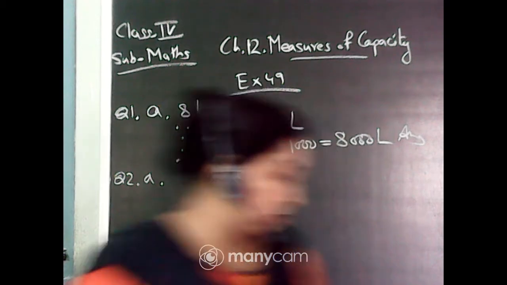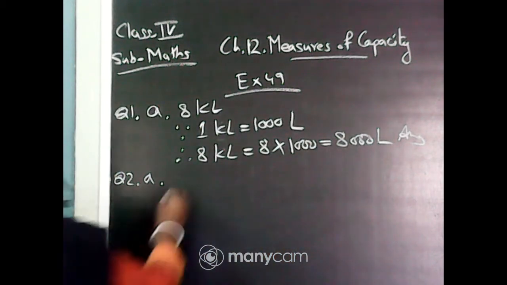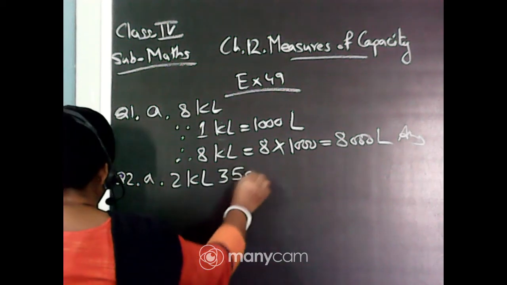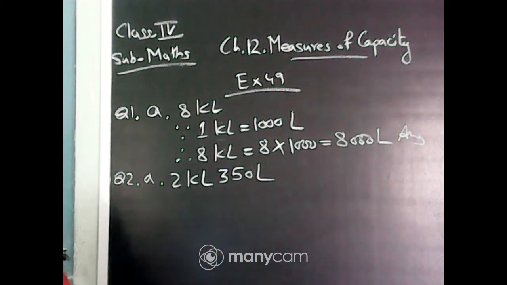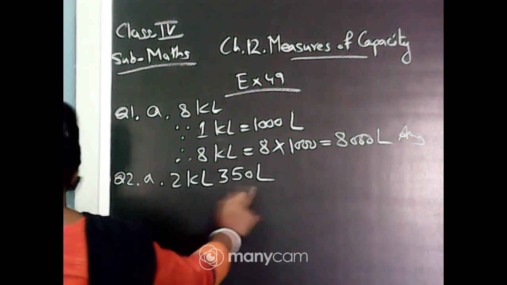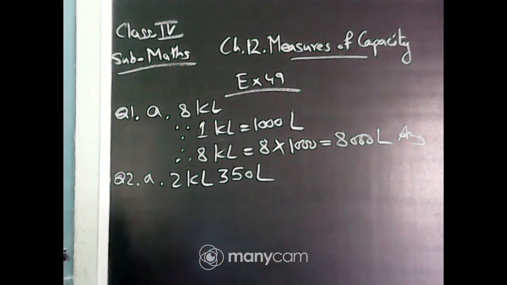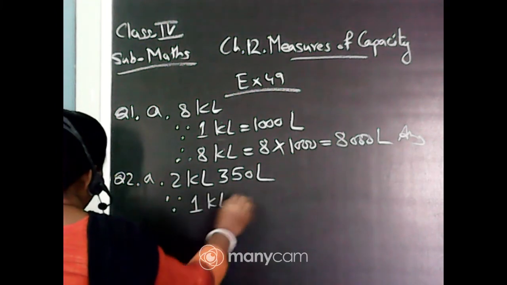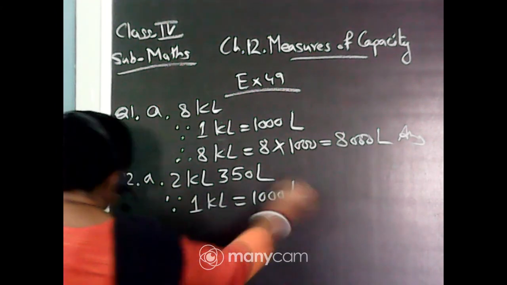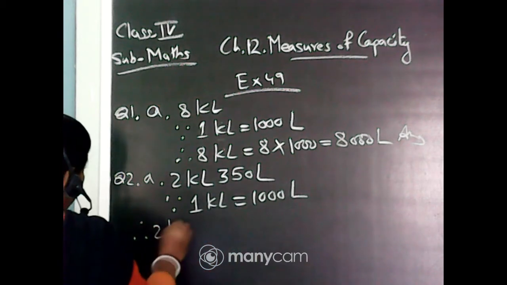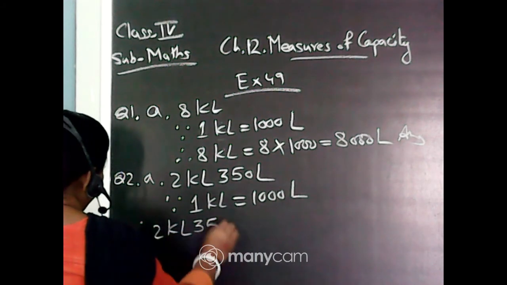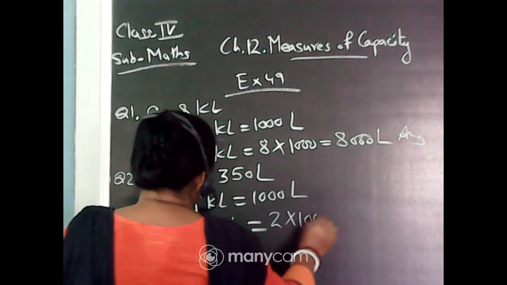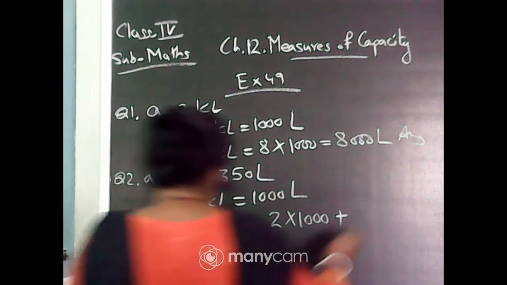Okay. So see the first one, it is given 2 kiloliters and 350 liters. So you will change only this 2 and then add with this 350. It will give you the answer. So as usual, first of all you will write since 1 kiloliter is equals to 1000 liter, therefore 2 kiloliter and 350 liter is equals to 2 into 1000 plus 350.